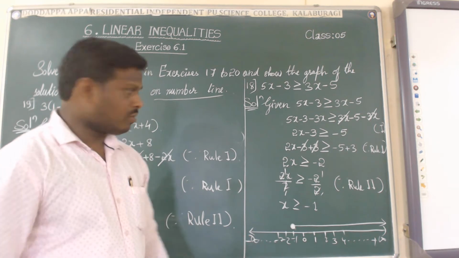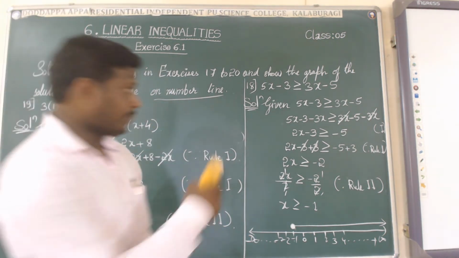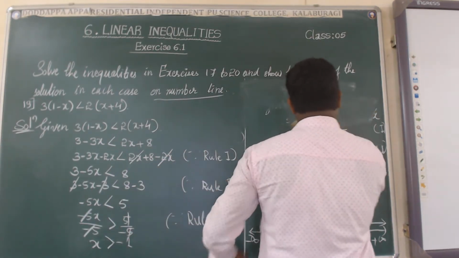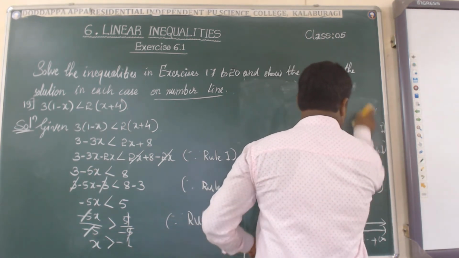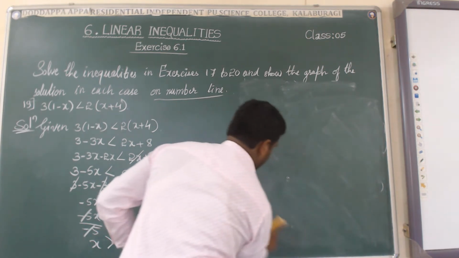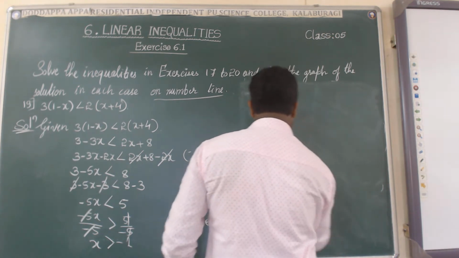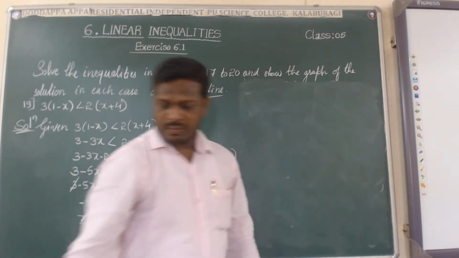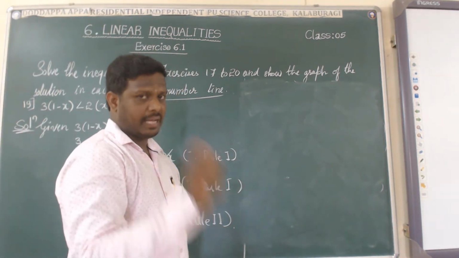This only you have to show on the number line. Okay. I am going to rub this one. See what values of x will be included here. If x is a real number, what is the meaning of real number? A real number is just a number on the number line.